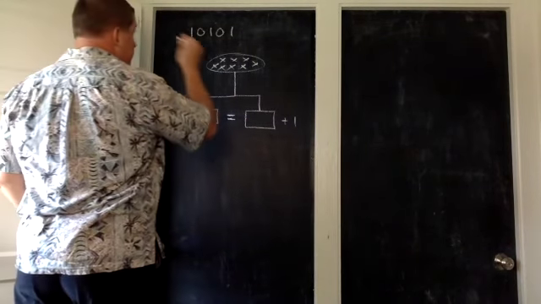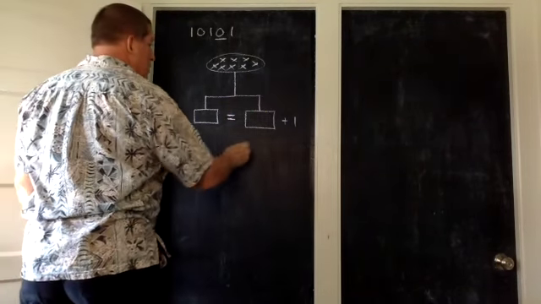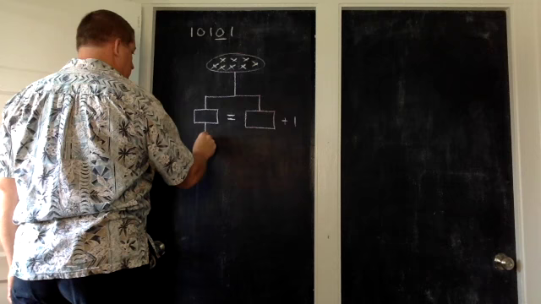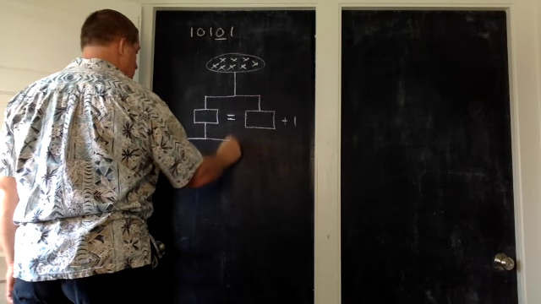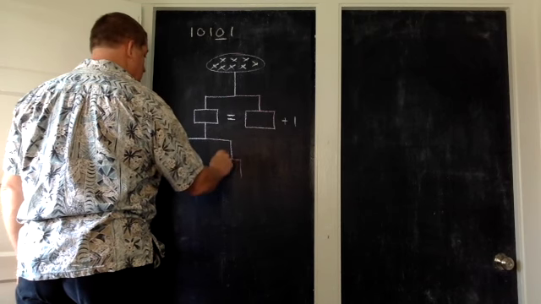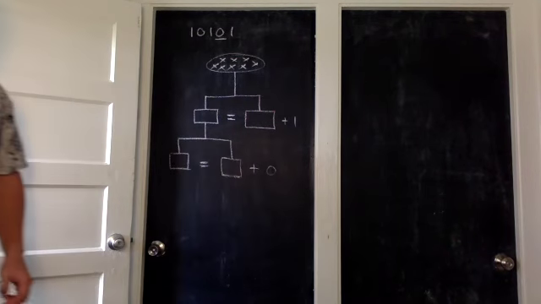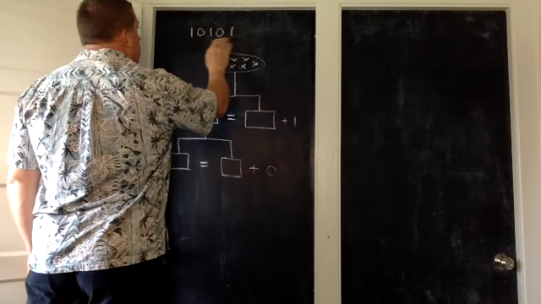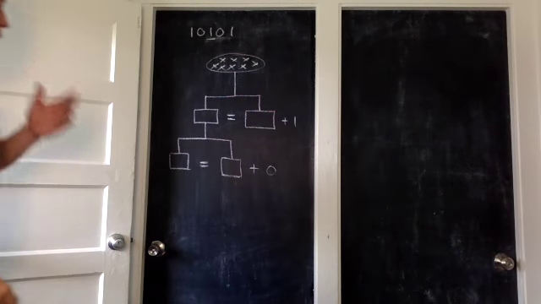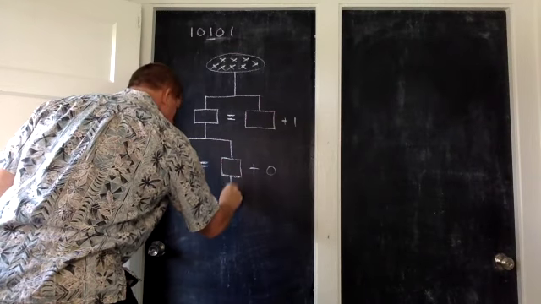Okay, and then we're at this digit. So that comes from taking one of these pens, so we'll just take this one, and we split it into two groups. And those are equal, and we got a plus 0. There was no remainder. And now we move on to the next digit. So the next digit is a 1. So we took one of these pens and split it into two.